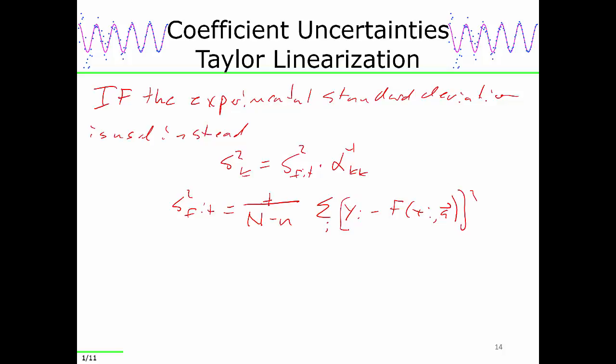Then we really take the exact same expression that we had, where sigma squared k was equal to alpha inverse kk, and we just multiply it by the experimental standard deviation of the fit, s squared. And that now yields the experimental standard deviation in alpha or in parameter a sub k.